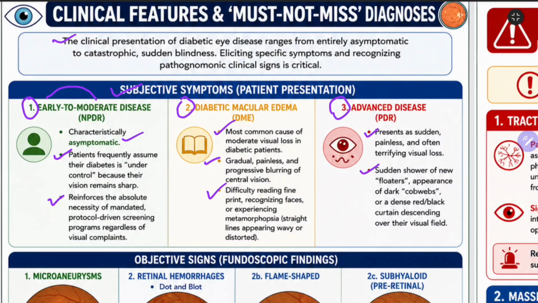So the patient can have three presentations. The patient may be asymptomatic with early to moderate NPDR, and a severe NPDR patient may have some vision loss or blurring.